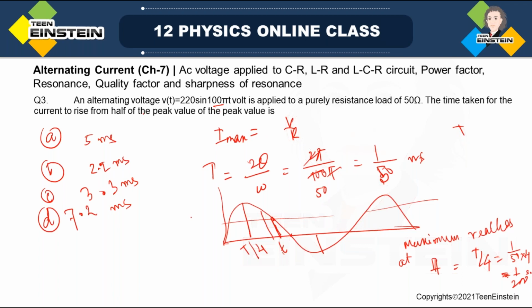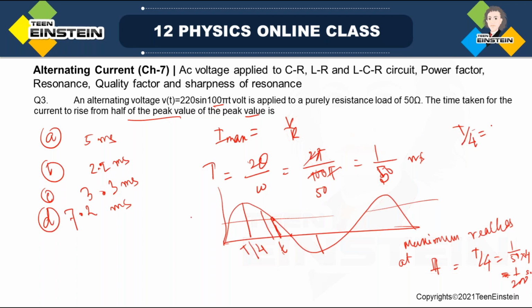And the question is when half of the peak value is there, the time taken for the current to go from half of the peak value to the peak value.